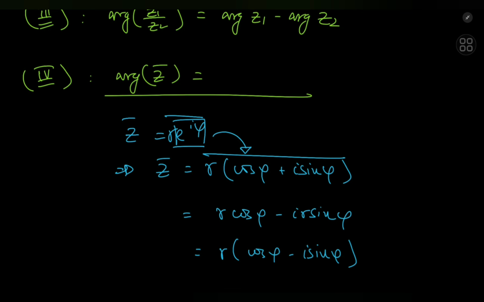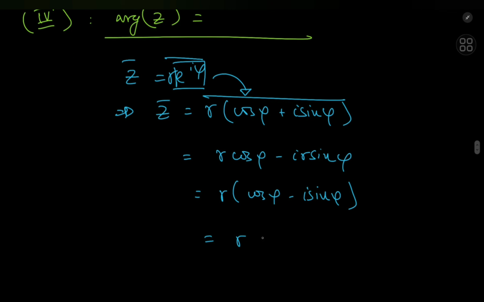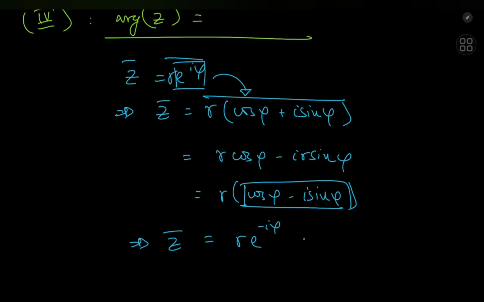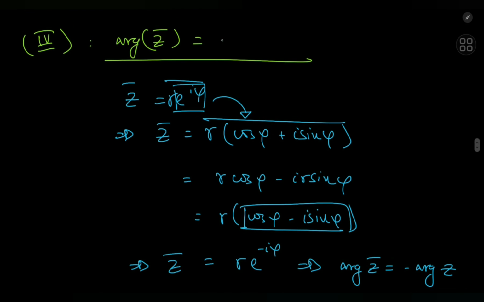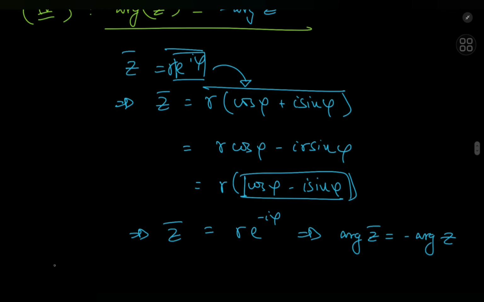And we saw in the last video that this thing here is e to the negative i phi. So this implies that z bar equals this thing, which further implies that the argument of z bar also equals the negative of the argument of z. Okay, cool. Again, these properties were pretty easy to prove and easy to see.